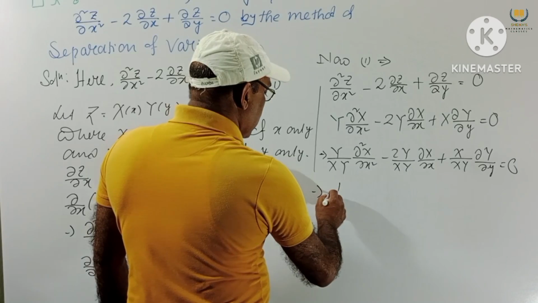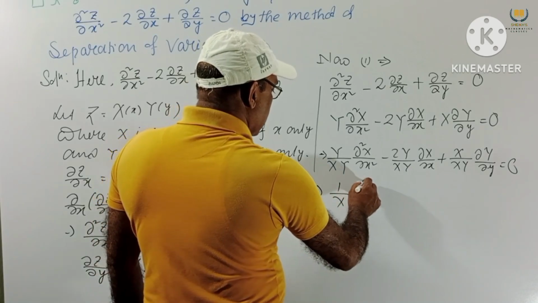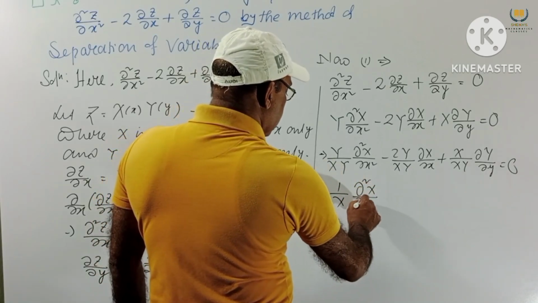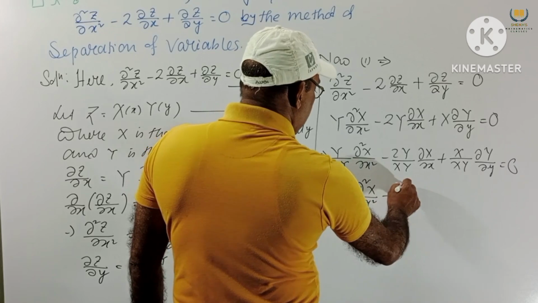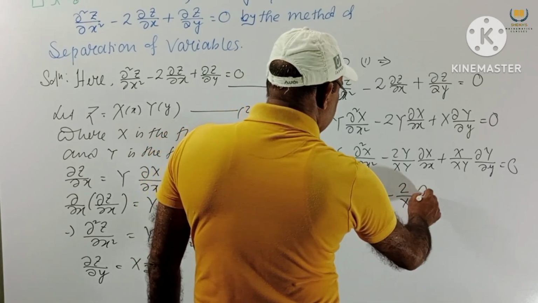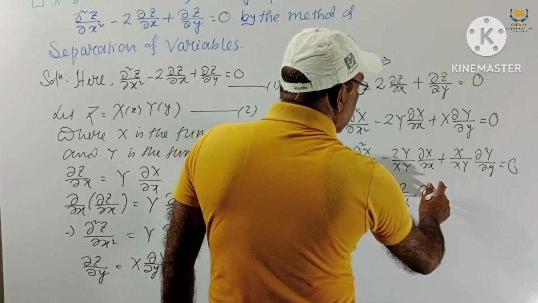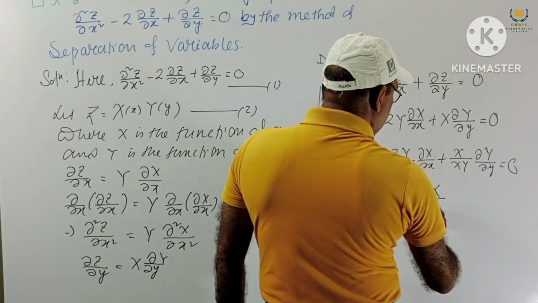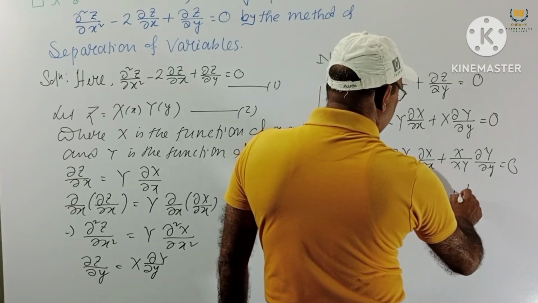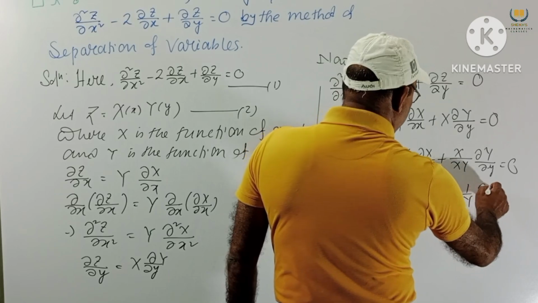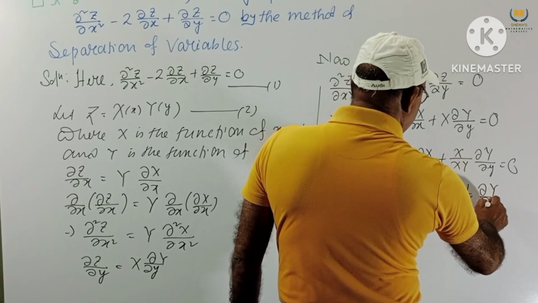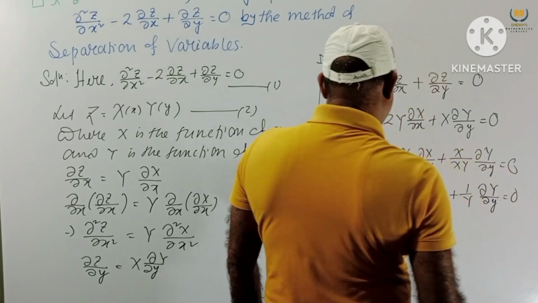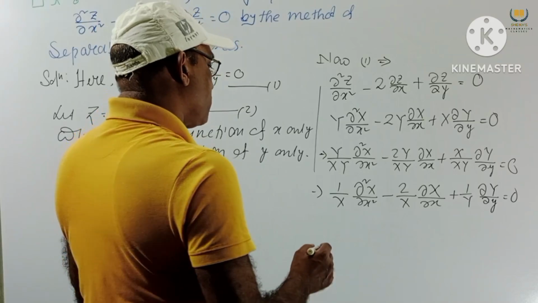After cancelling, we get 1 by X del square X del x square minus 2 by X del X del x plus 1 by Y del Y del y equals 0. So we get this one.